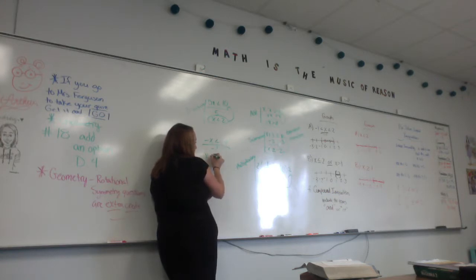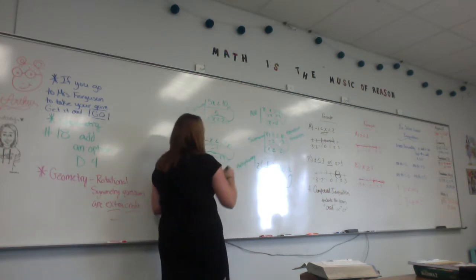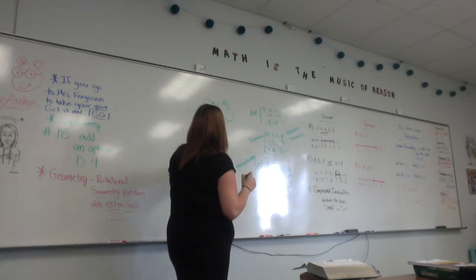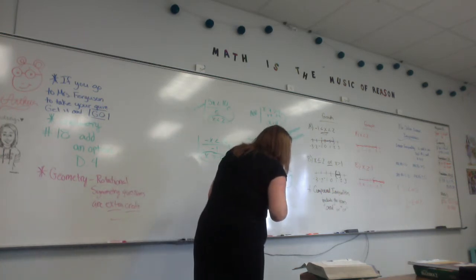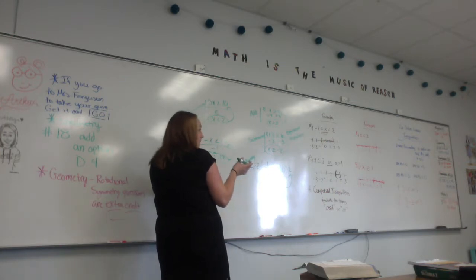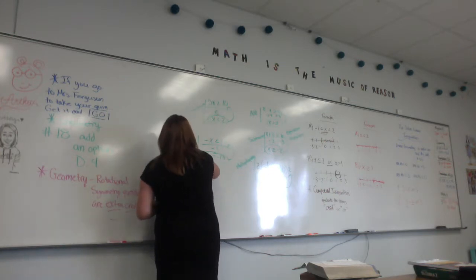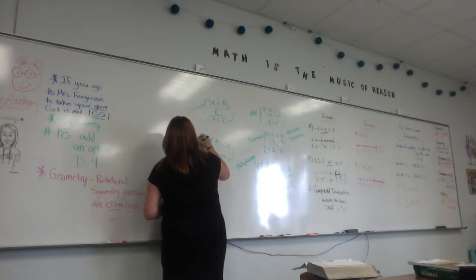The sign flips. So this inequality is equivalent to that inequality, but my sign flips. So when you are doing negative multiplication or division, in this case they call it negative multiplication, they multiplied by negative 1 on both sides, technically, right? When you are doing negative multiplication, the sign flips.